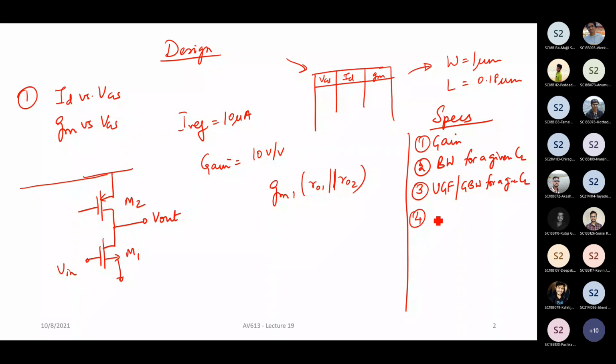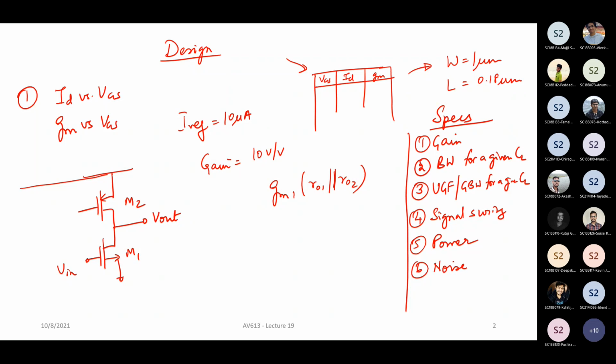It can also be output signal swing limits, and it can also be power. Power is another major thing. You may be given a certain power budget and you may have to design, or you may be given some noise specification, input referred noise to be less than a certain amount. All these are different specifications that are given. You typically will not be given all six.